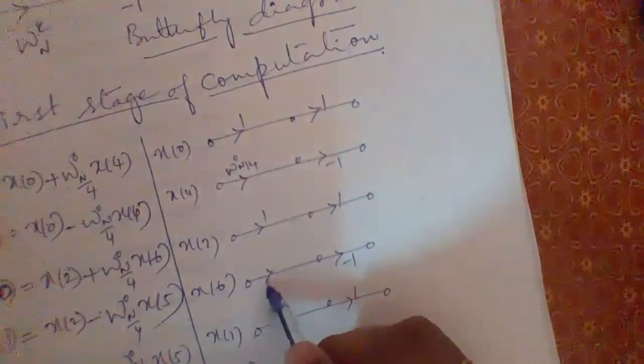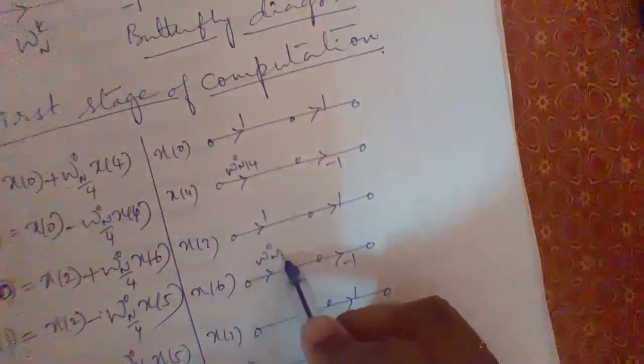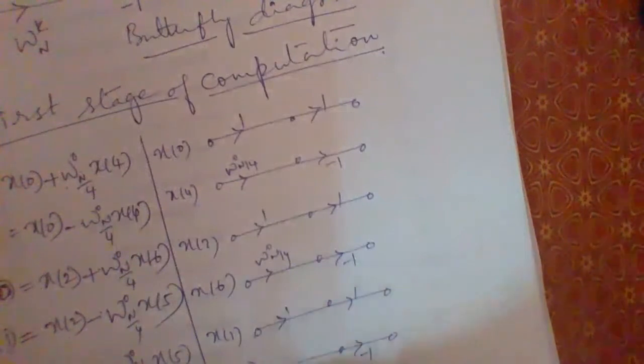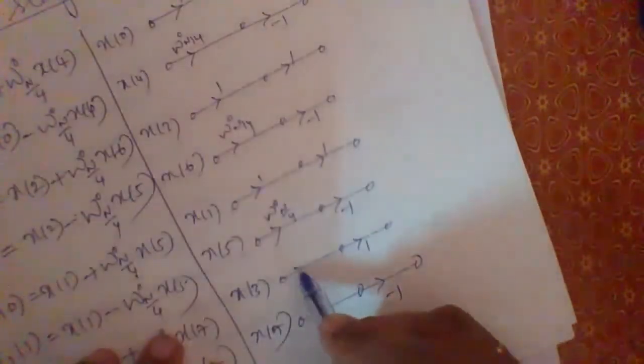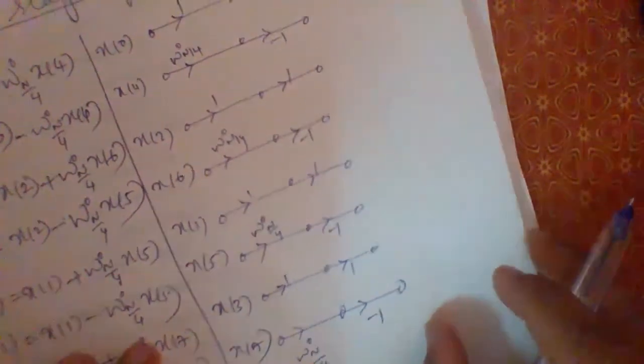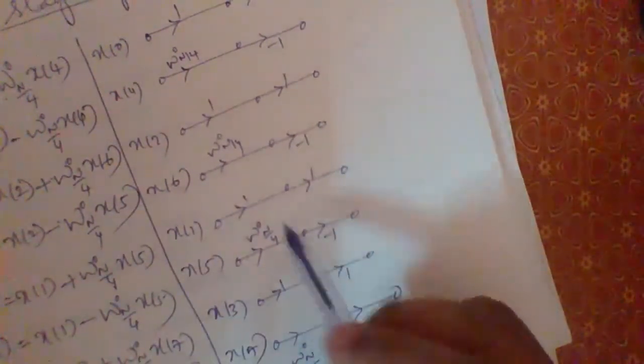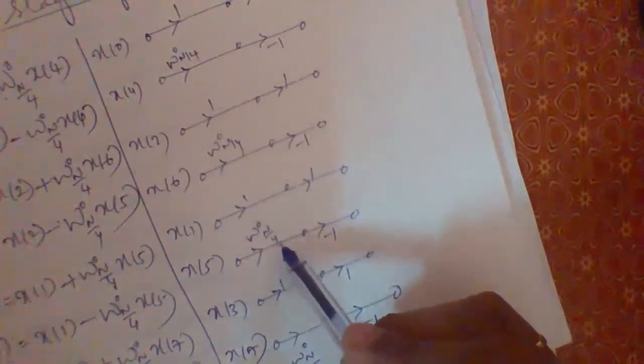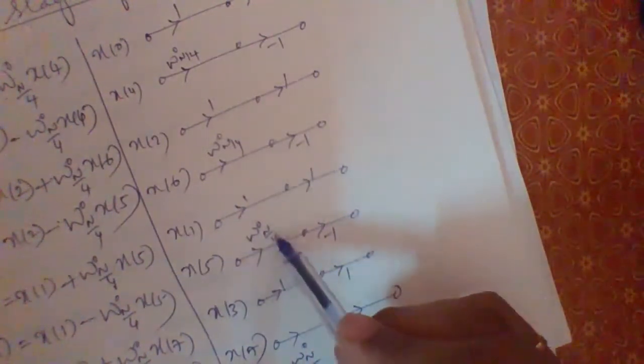First branch is 1, second branch is w raised to 0 n by 4. The same pattern, similarly here also 1 and w raised to 0 n by 4. So now as it is an 8-point DFT, we can directly write w raised to 0 suffix 2 also, and its value is obviously 1.